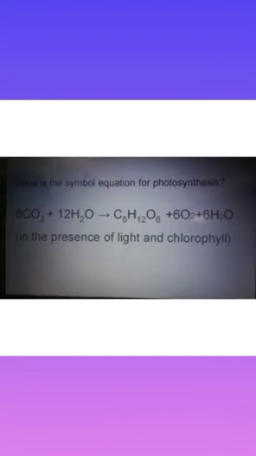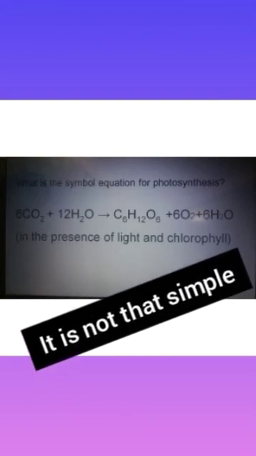Six molecules of CO2 combine with 12 molecules of H2O, which is the formula for water, resulting in the formation of carbohydrate whose formula is C6H12O6, with the release of 6 molecules of O2, which is the formula of oxygen, and 6 molecules of water, whose formula is H2O, produced during this process in the presence of sunlight and chlorophyll.